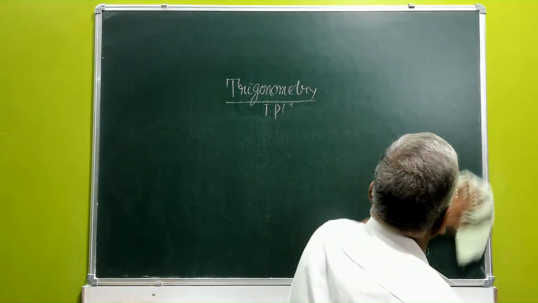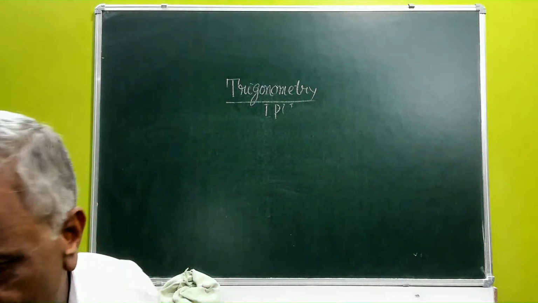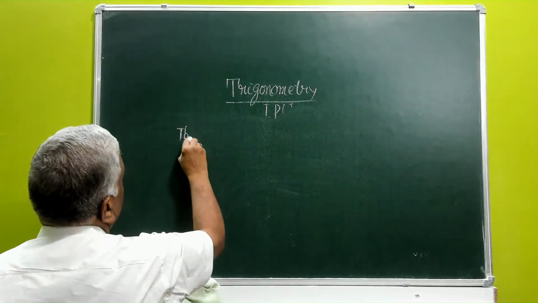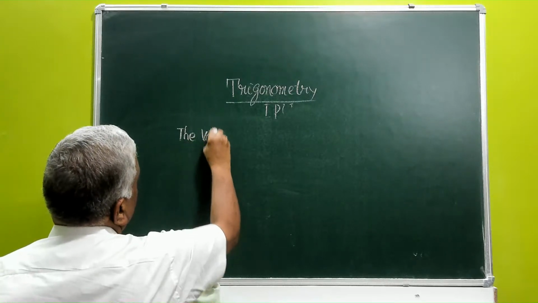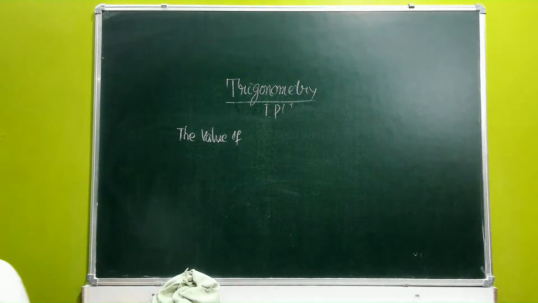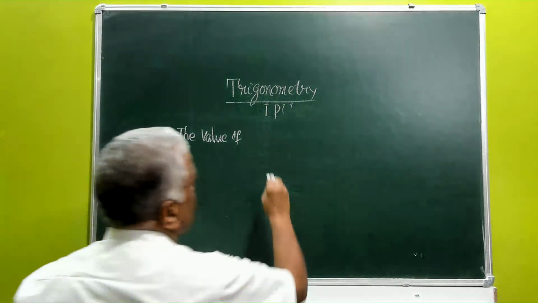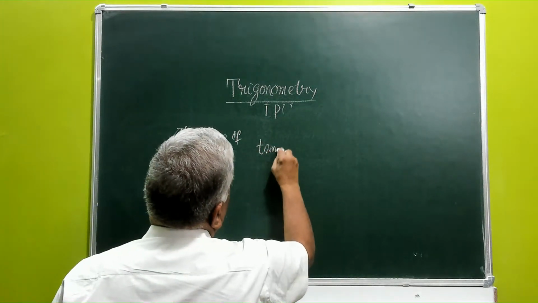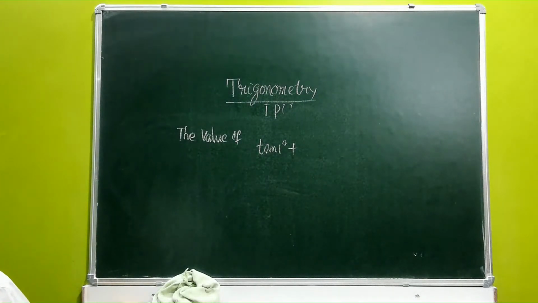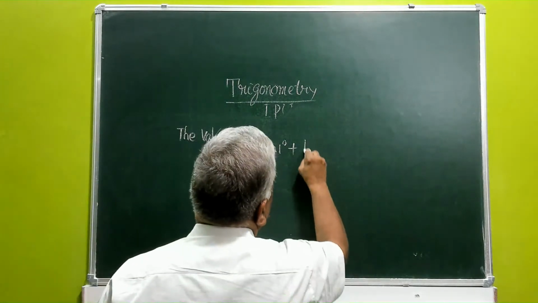The next problem of CET. I think I can work 2 more problems in the time that we have. The value of... the most silly problem, tan 1 degrees plus tan 89 degrees.